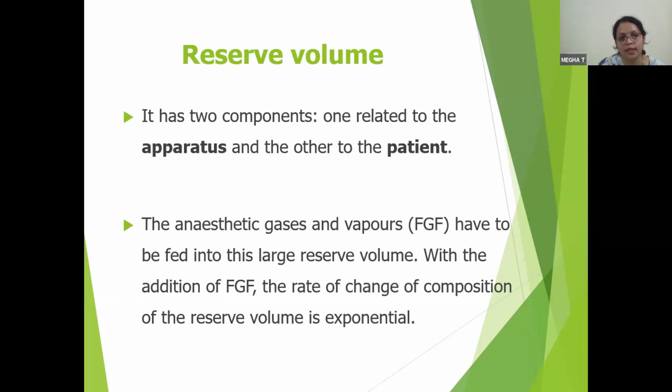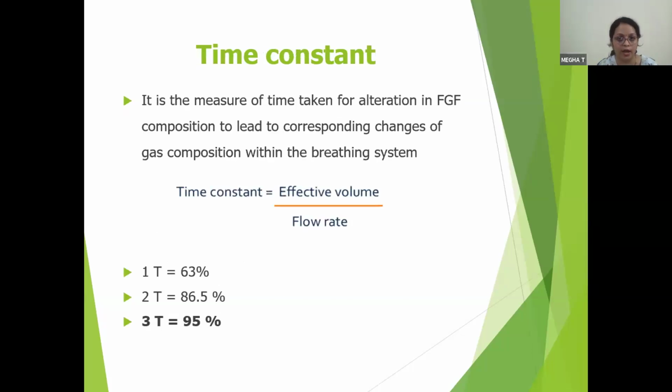Effective volume is nothing but the reserve volume, which I spoke about earlier. It is the measure of the time taken for the alteration in fresh gas flow composition to lead to corresponding changes of gas composition within the breathing system. So that means if I change the concentration from 3 to 5%, how long will it take to affect the patient? That is what time constant means.